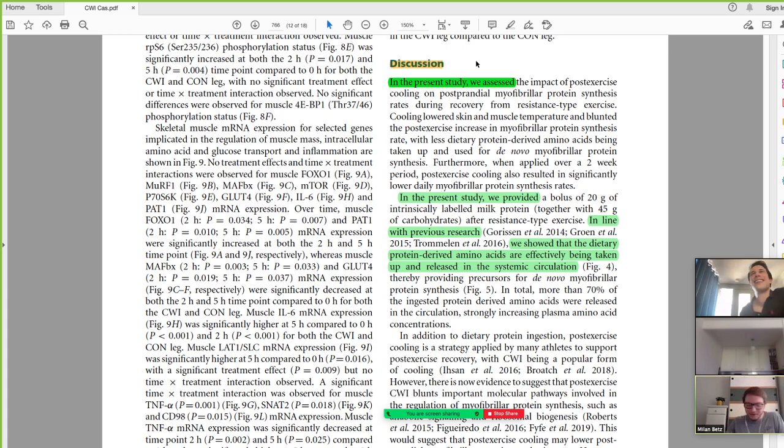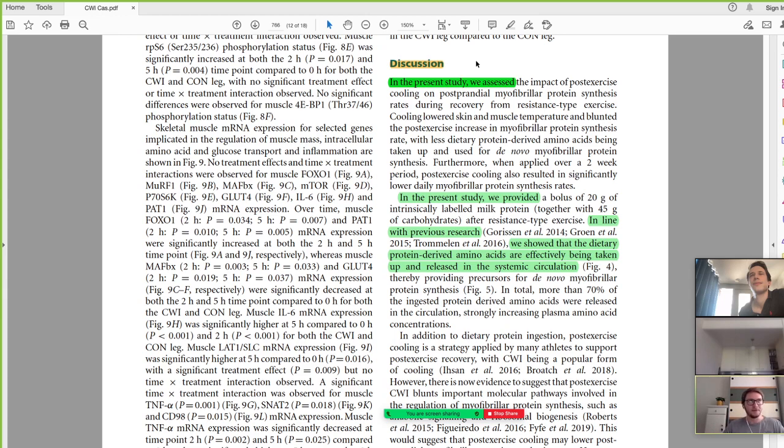So generally with the discussion, I think it's the nicest part of the paper because you have shown all your results, and now you can finally tell people what those results mean, and also how they compare to other data.